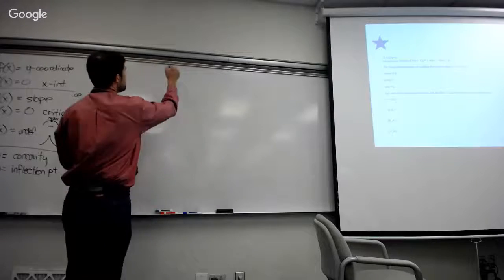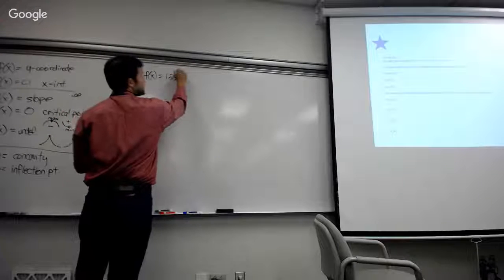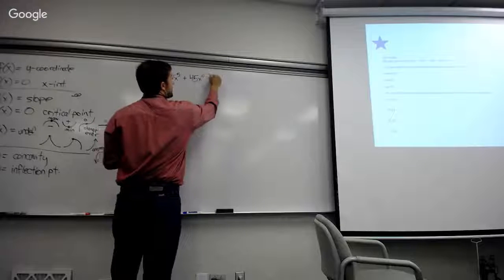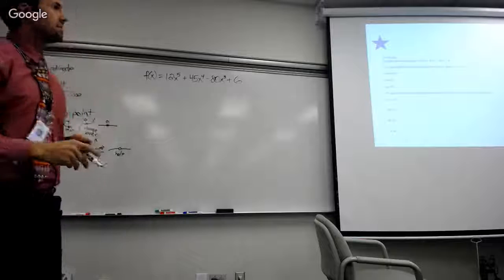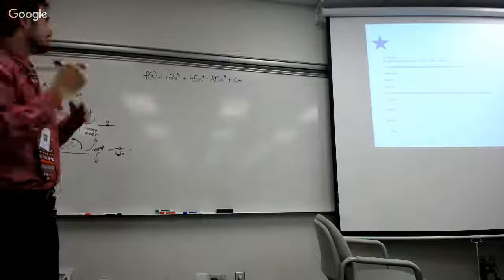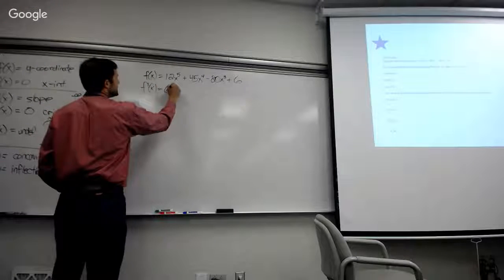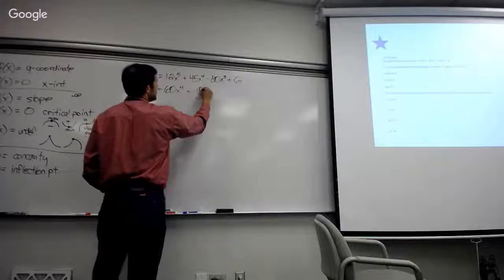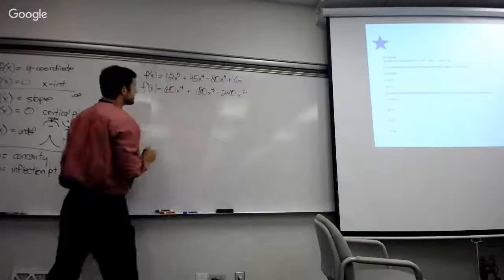So we start off with our function, which we just took a peek at. So we know essentially that it looks like a polynomial graph, and it has those inflection points. Okay, so we need the second derivative. Our first derivative would be 60x to the 4th plus 4 times 45, 180, x cubed minus 240x squared.